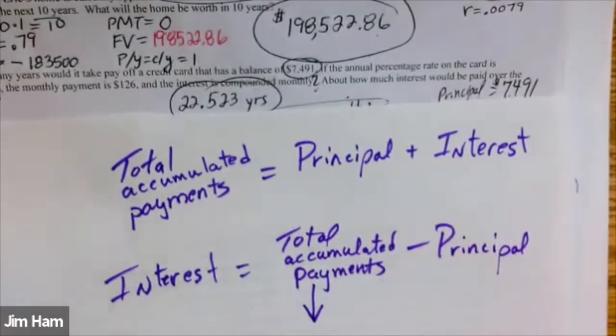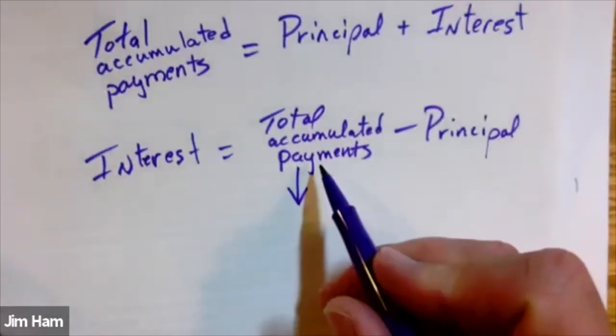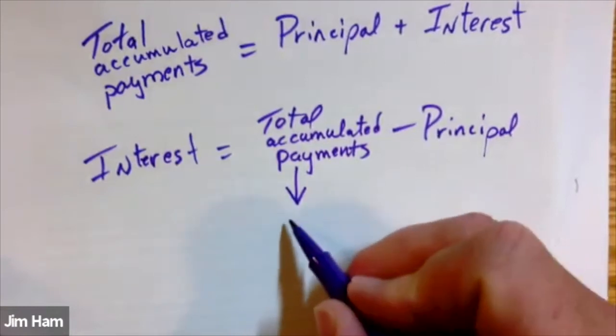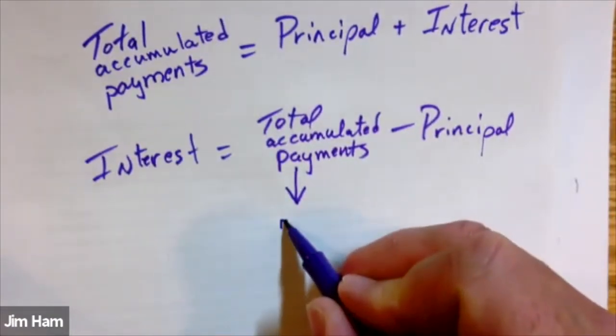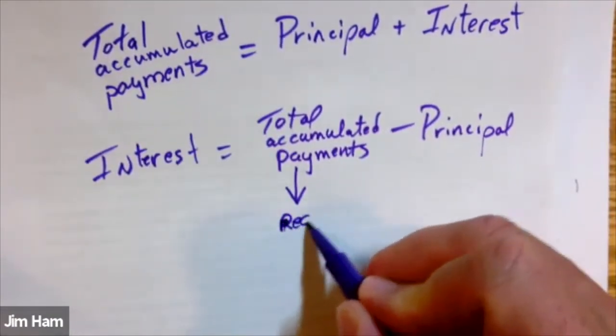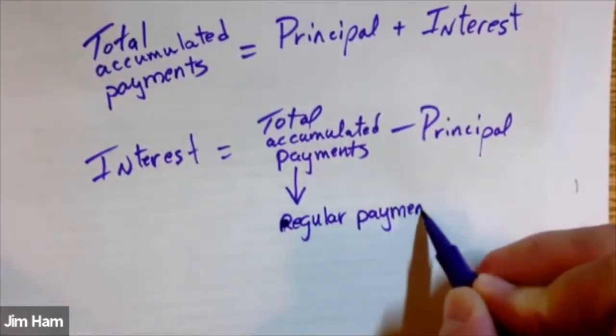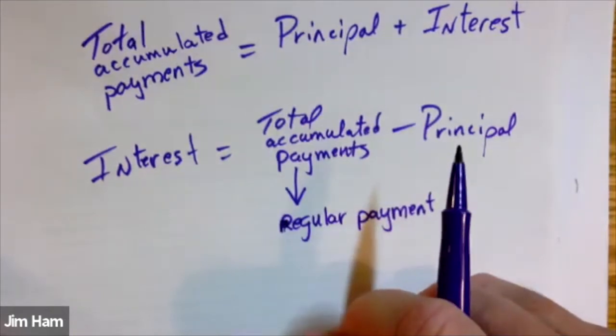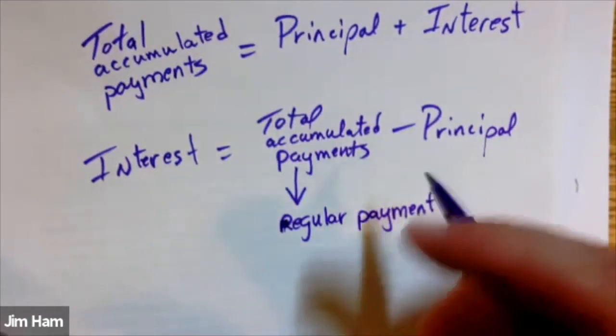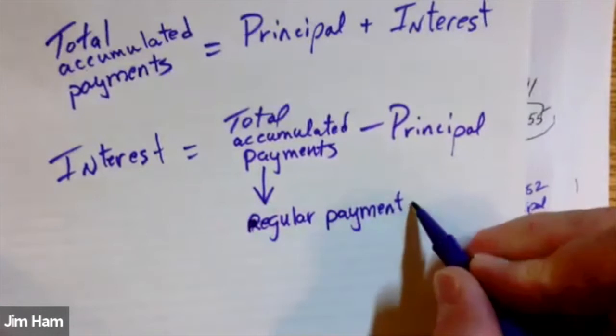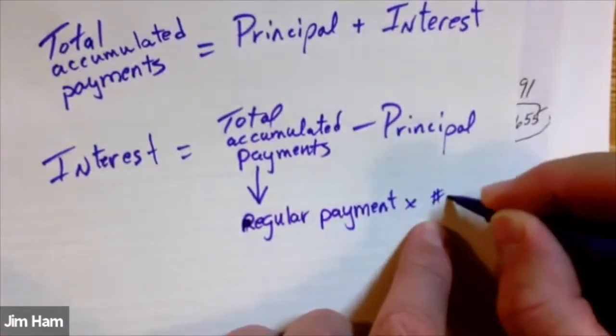And if you want to break that down even further, the total accumulated payments is equal to the regular payment, and I hesitate to write monthly payment because it might not be monthly, but it's the regular payment times the number of times the payment was made.